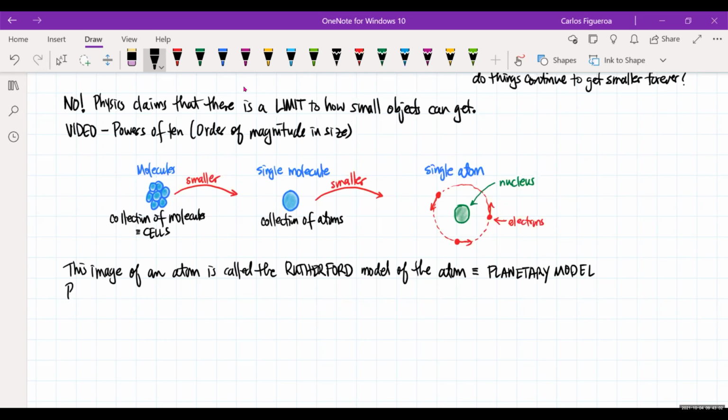So Rutherford discovered the nucleus in 1911 or 1910, and put forth this planetary model.